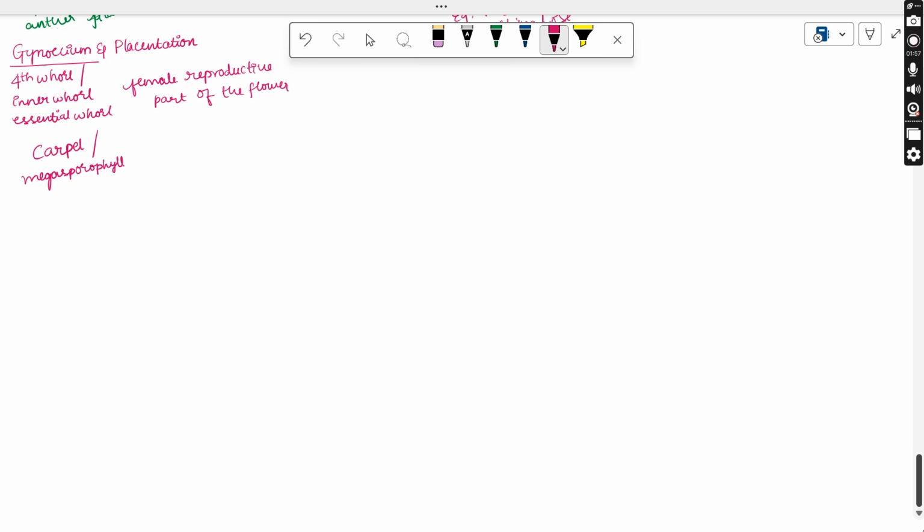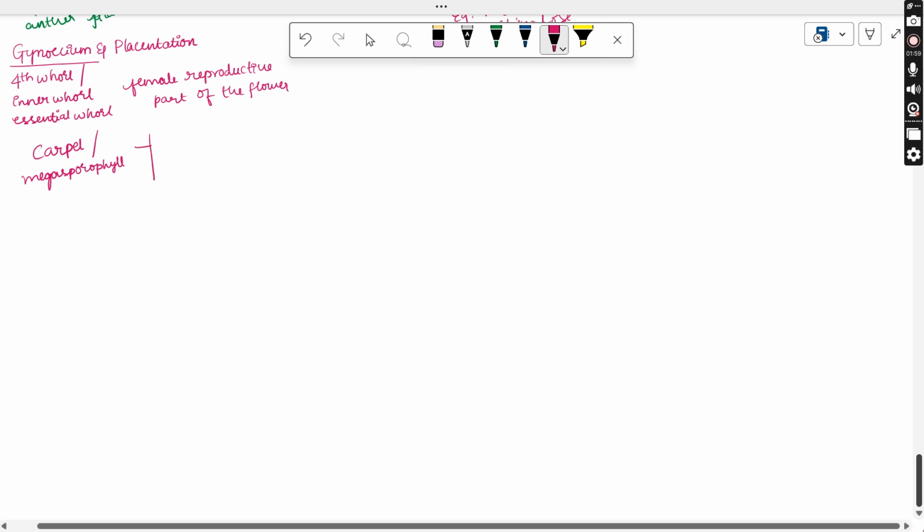This carpel actually contains three main parts. One is the stigma, which is present at the tip, and the function of the stigma is to receive the pollen grain on its surface. And the long stalk-type structure we call the style, through which the pollen tube grows to reach the egg for fertilization.